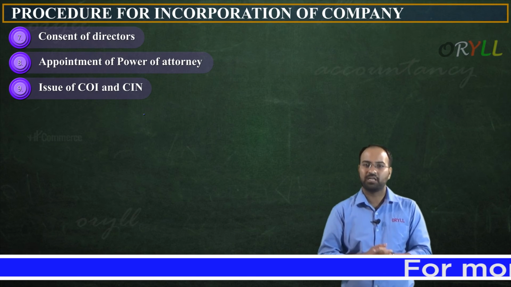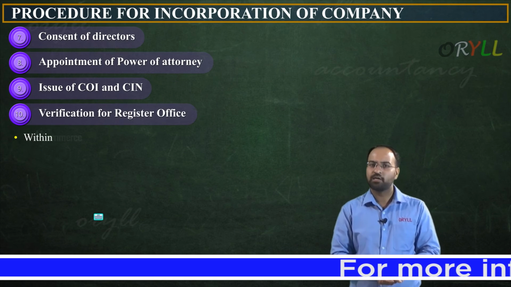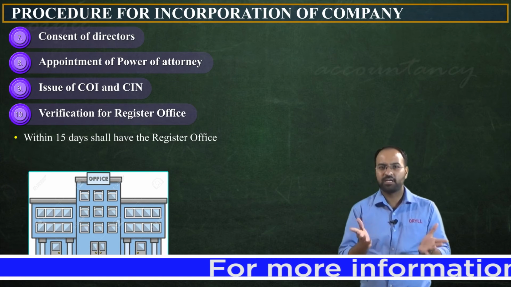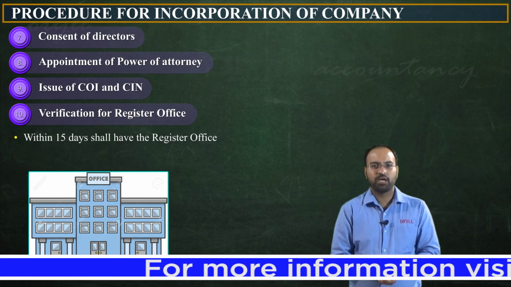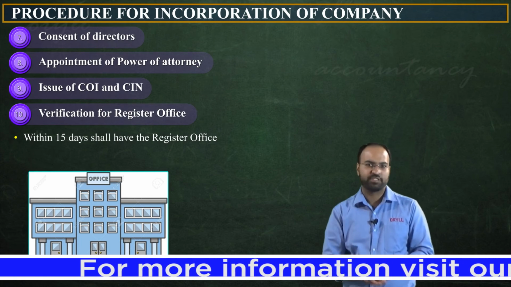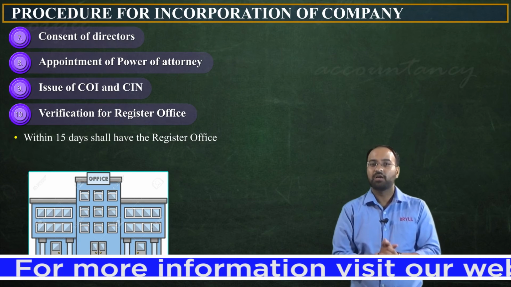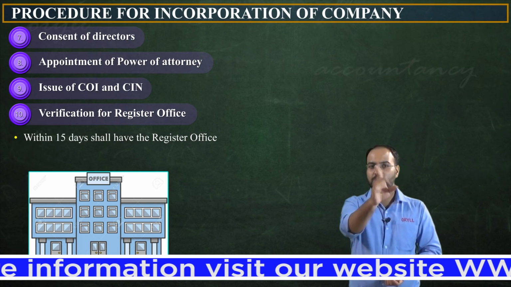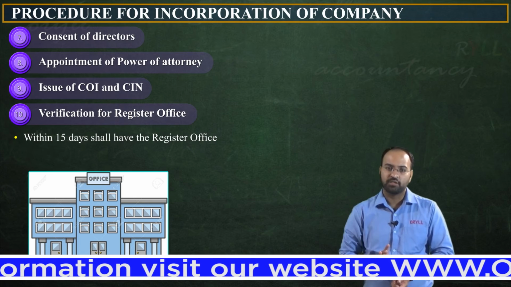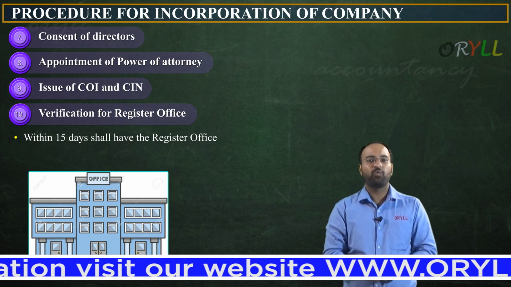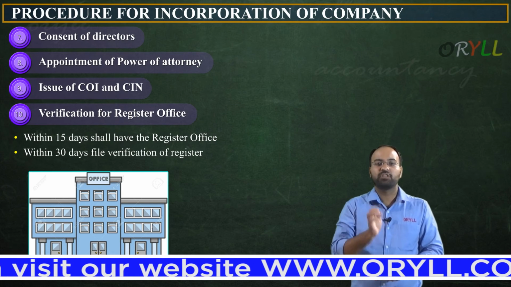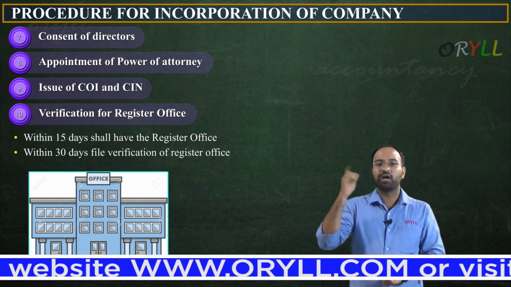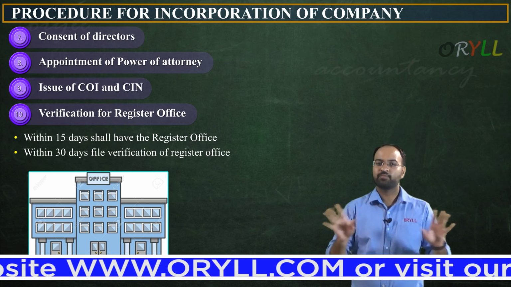Now let us go to the tenth step. Verification for registered office. What do you mean by this? First thing to remember: when I am starting the company at the time of incorporation, I may have an office, I may not have an office. It is not compulsory. But the law says that once you incorporate the company, within 15 days you compulsorily should have the registered office. So the company shall have a registered office within how many days? Within 15 days. Yes or no? We have to file with the ROC saying that yes, we have a registered office.